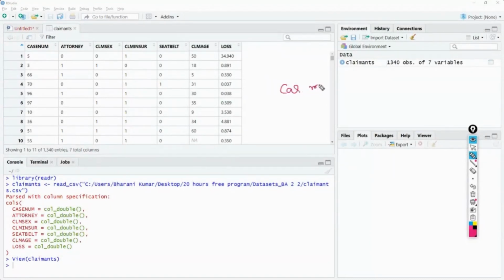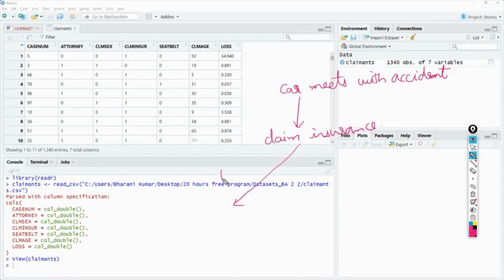people who meet with an accident, if your vehicle meets with an accident, then people claim insurance. If you have insurance, they claim insurance. But when you claim insurance, you either hire a lawyer or you don't hire, you directly claim.